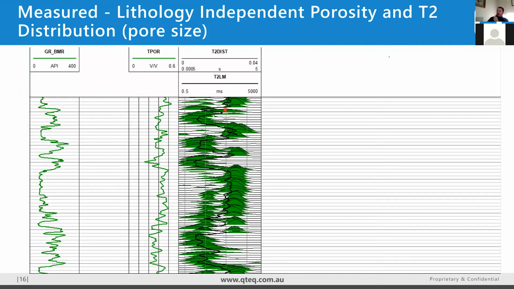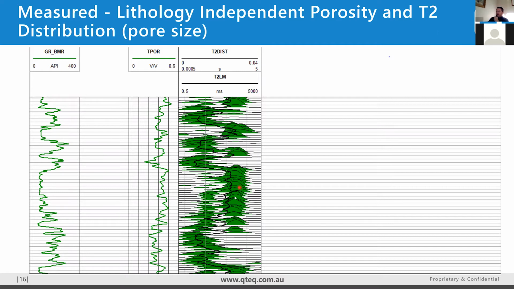Then we get our T2 distribution, which is the green bumps, and the black line is our logarithmic mean. What is nice about this example is if we look at this top section where we have a low gamma ray, we have a long T2 time, so we know we've got large pores within this area. Where we have a high gamma ray, we have a lower T2 time.